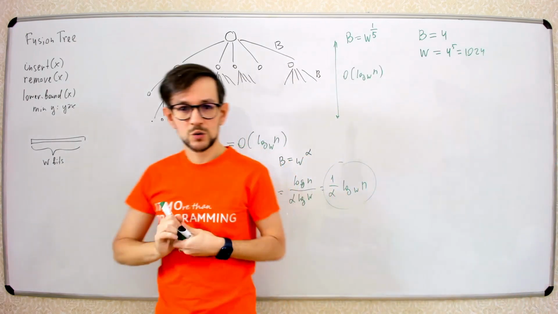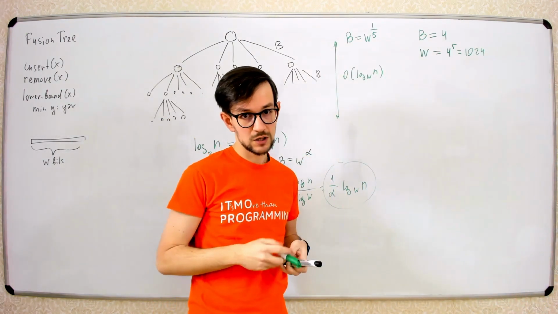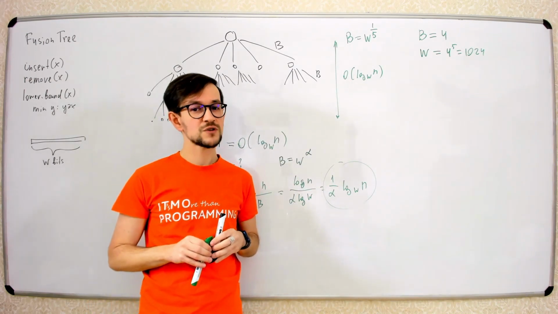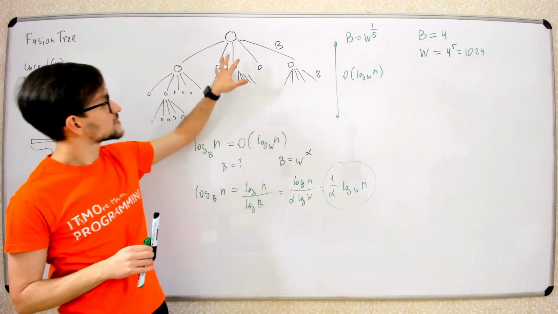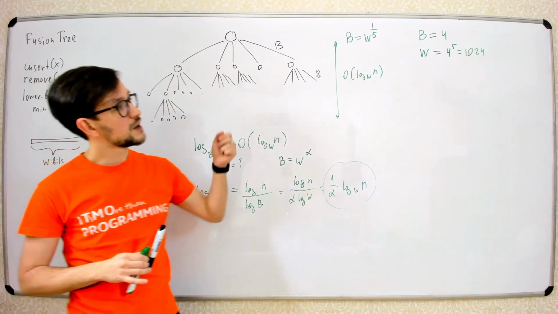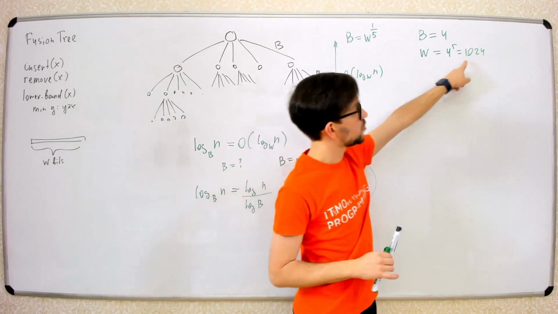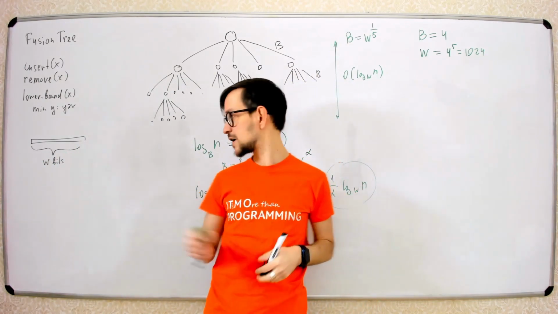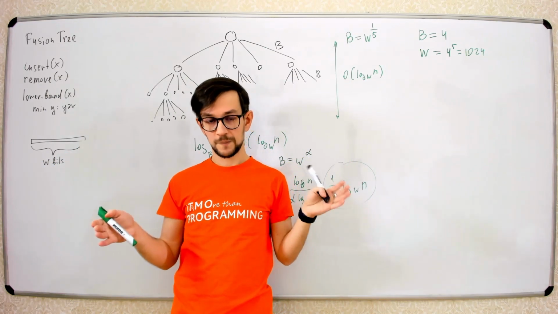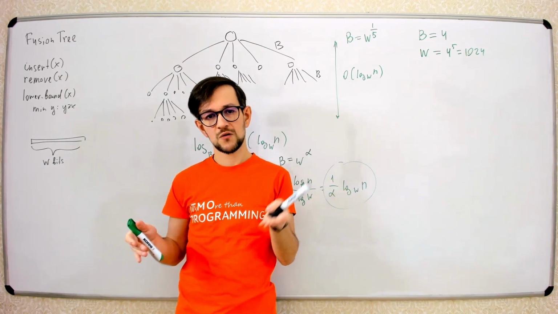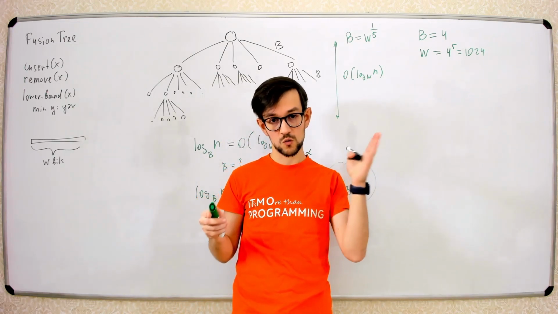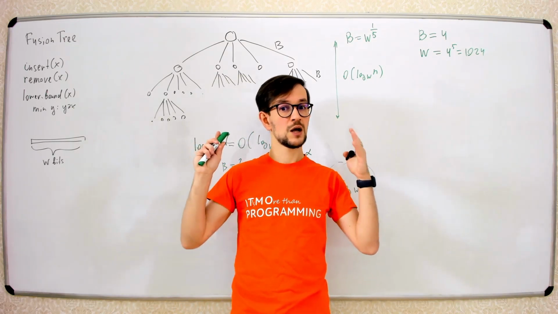So we need 1024-bit integers to make branching factor 4. So even the slightest attempt to make this structure effective is only possible when you have these huge integers. Again, W is the size in bits of all the integers. Like in modern processors, we have 64-bit integers or 128-bit integers.